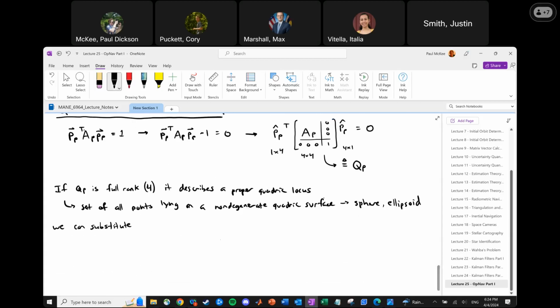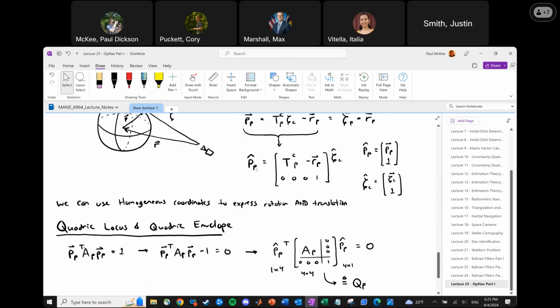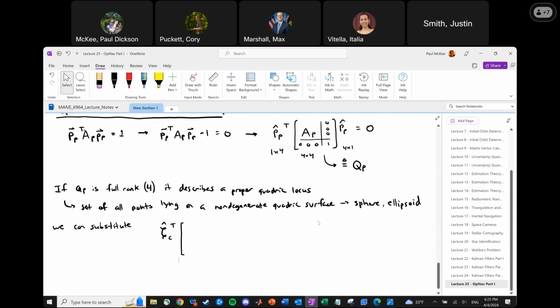So if we take this equation, we say, okay, zeta C hat transpose times this. What we're doing now is substituting in that P_P with a hat is this 4x4 homogeneous matrix times zeta C. So if you transpose this, we're going to plug into what we had before.